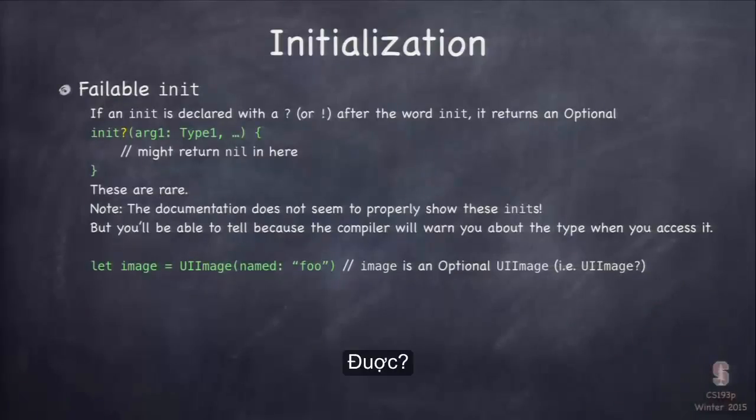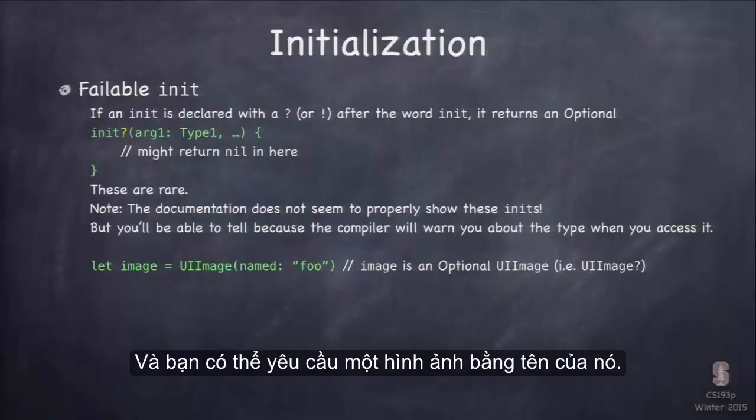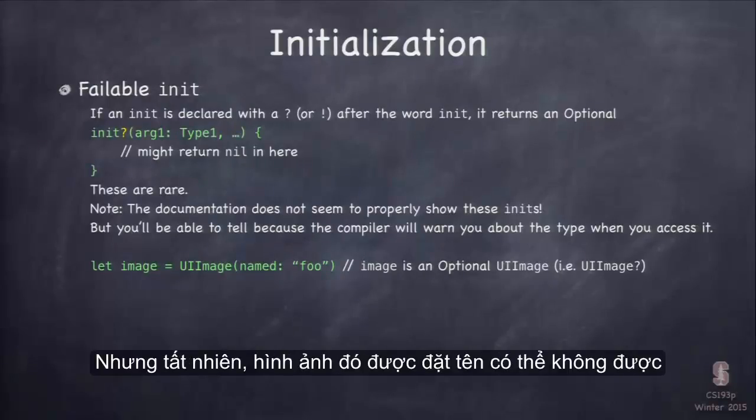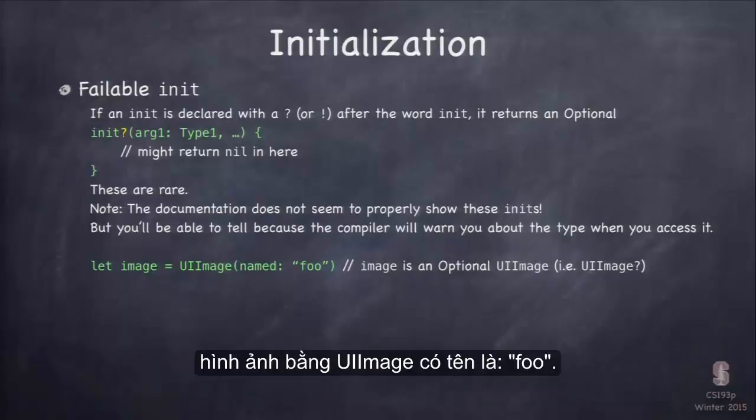So UIImage, it's a class in UIKit, and it returns an image. You can ask for an image by its name. But of course, that image named that might not be anywhere in your project. So this thing can return nil. So in this case right here, image equals UIImage named foo.